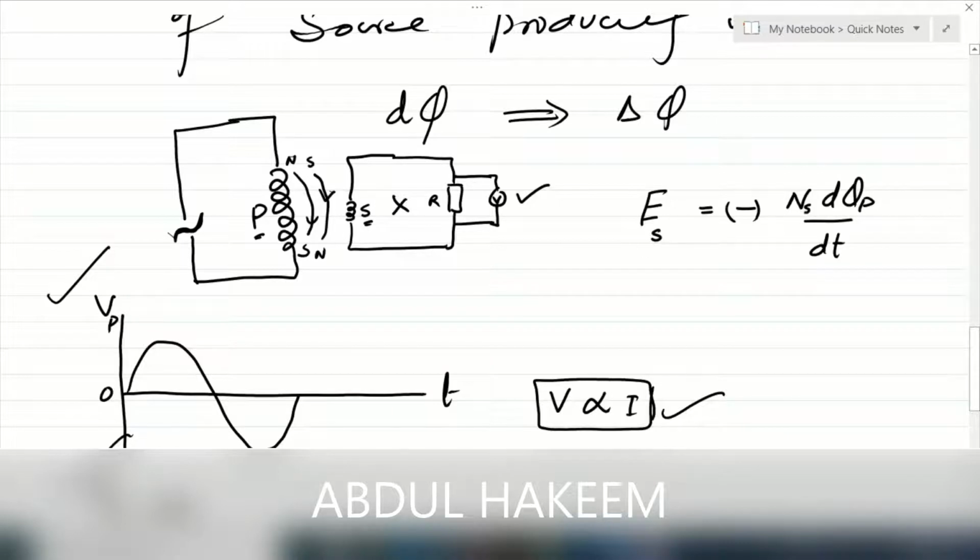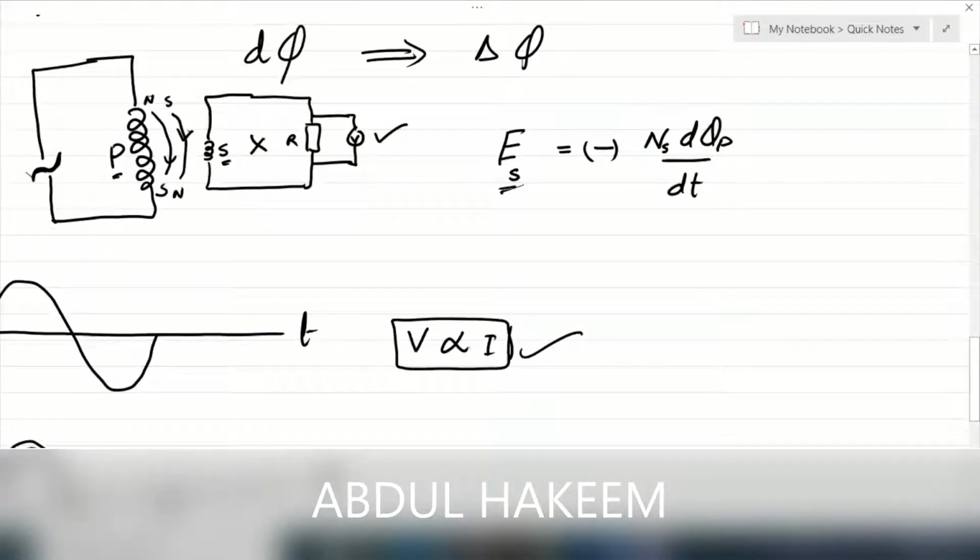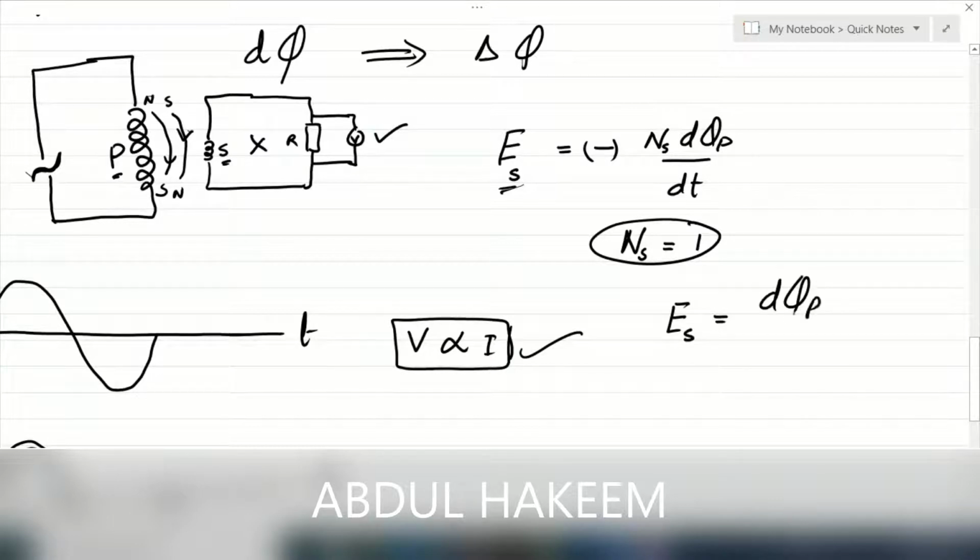The turns of the secondary coil are cutting, and due to this flux linkage, EMF is induced in the secondary coil. Next assumption, suppose the number of turns of the secondary coil is just one. So we can write E induced in the secondary coil is just d phi p over dt.